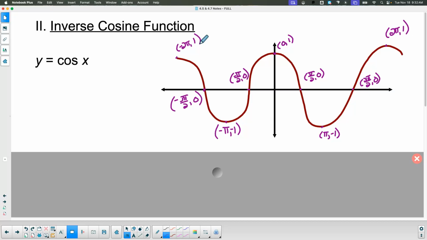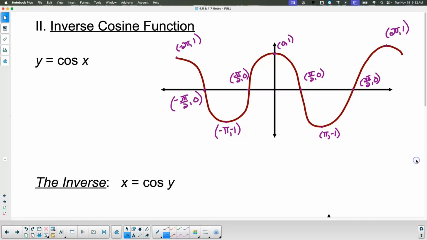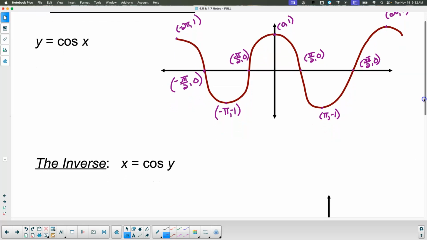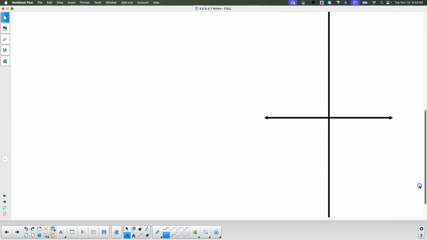Okay. So if I flippity-floppity those, 0, comma 1 becomes 1, comma 0. Pi over 2, comma 0 becomes 0, comma pi over 2.